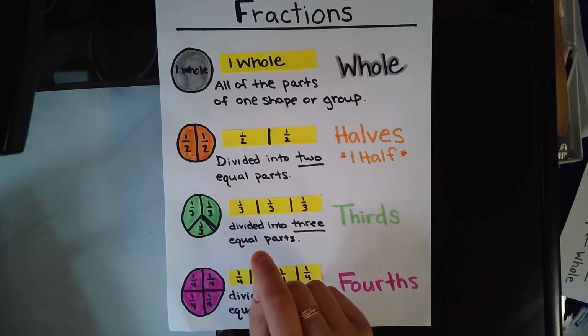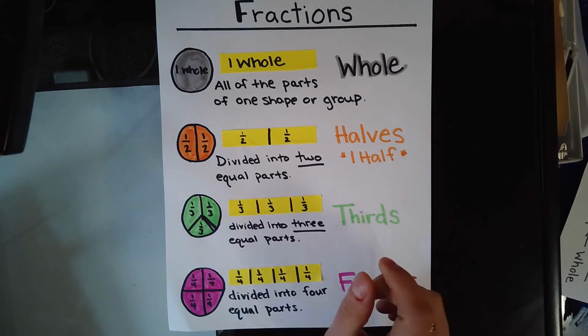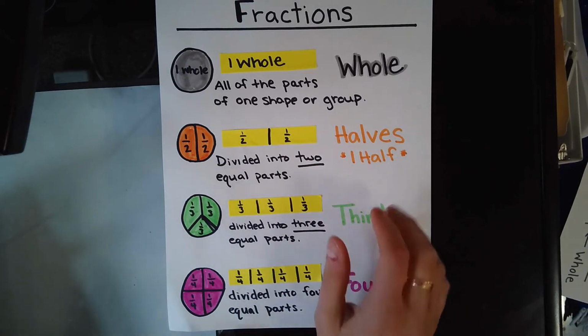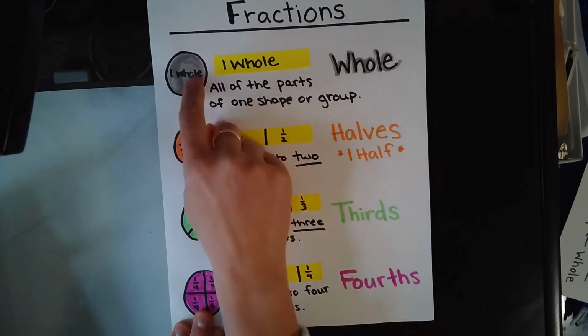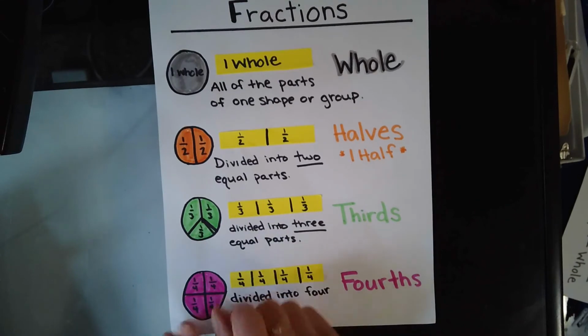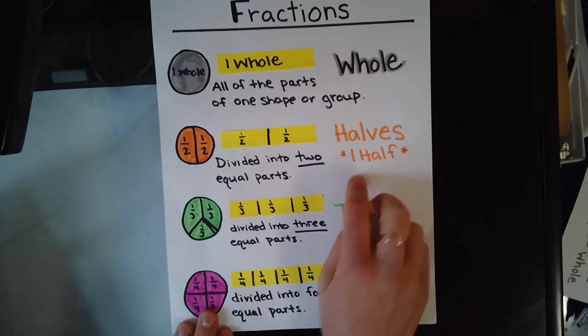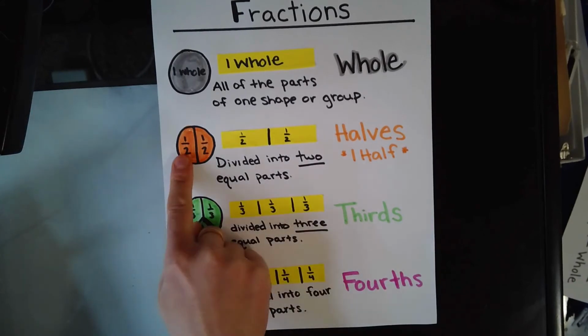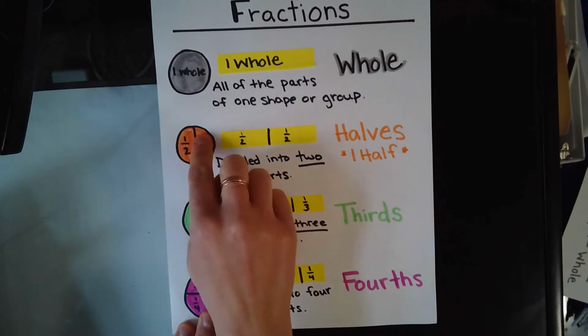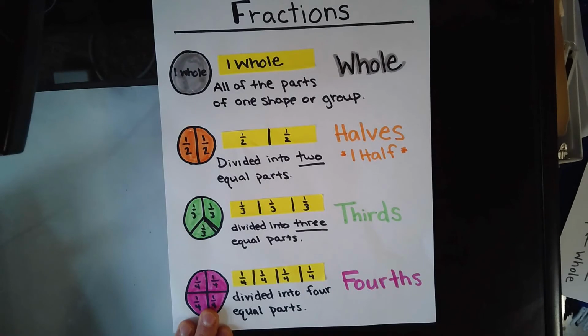So all of the parts of one shape or group of objects is represented by 1 whole. We can take that whole and split it in halves or divide it into 2 equal parts. 1/2, 1/2 is still going to be equal to 1 whole.